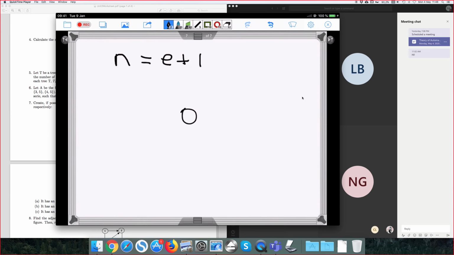For instance, if you have a tree like this, notice that we have 5 vertices and 4 edges. Or we sometimes write this as the number of edges is equal to the number of vertices minus 1. So this is something that is true for all the trees. We proved that in a previous lecture.